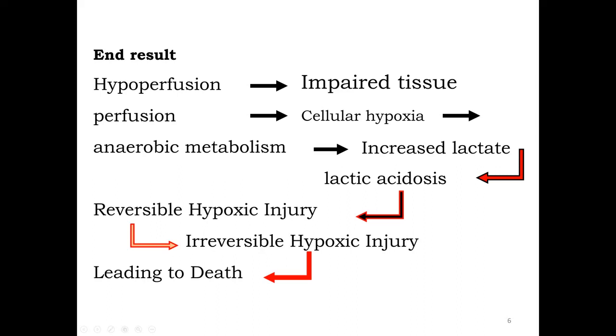Now, initially, the injury is reversible, that is, reversible hypoxic injury, ultimately resulting in irreversible hypoxic injury if the cause is not removed or there is inadequate treatment, and then it leads to death.